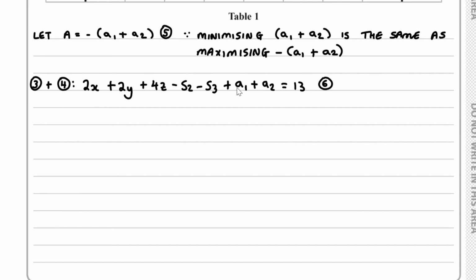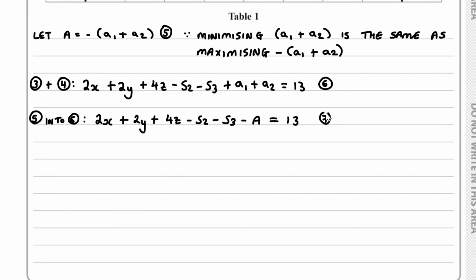And now, because here we've got a1 plus a2, we can substitute 5 into 6. So we will substitute in equation 5 into equation 6. So here, if we do that, we've got 2x plus 2y plus 4z. Here we're going to have minus s2 minus s3, and because a1 plus a2 is equal to minus a, here we subtract off a, and this is equal to 13.